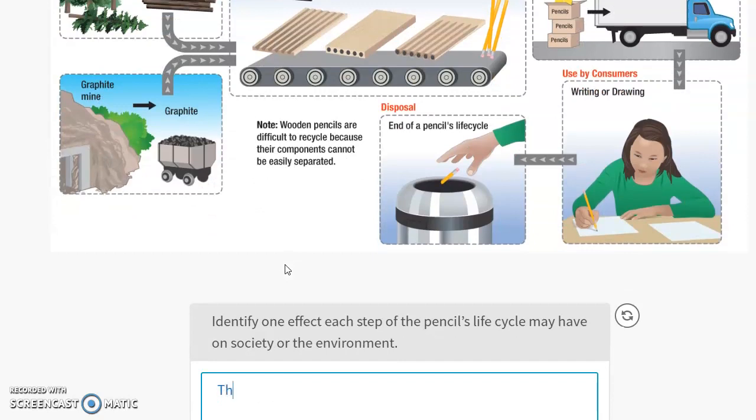So the first step, so there's 1, 2, 3, 4, 5 steps, because this is one step. So the first step is taking the graphite and lumber from the natural resource, from the natural place that it is found.